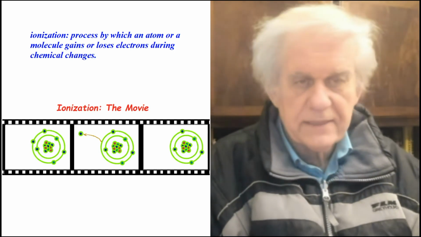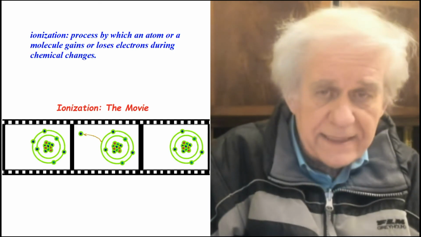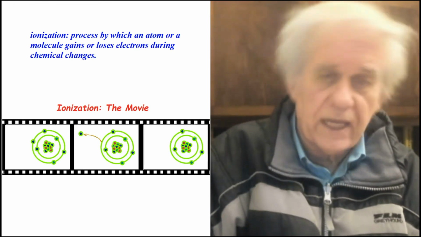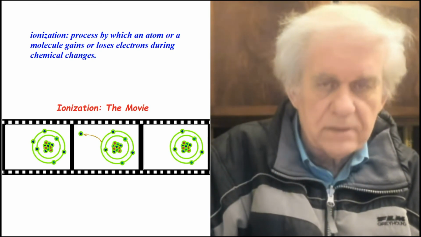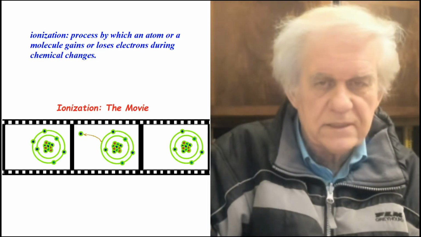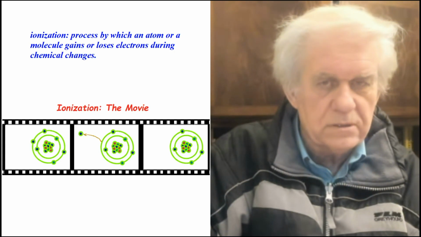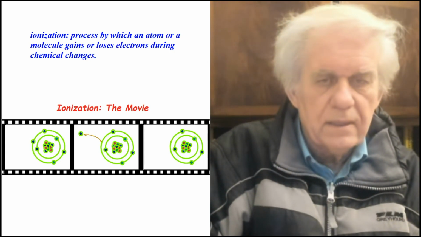Ionization is what? A process by which an atom or a molecule gains or loses, verbs, electrons during chemical changes. There's got to be a change. What is change? A synonym of the word motion. So there you have it in a nutshell.